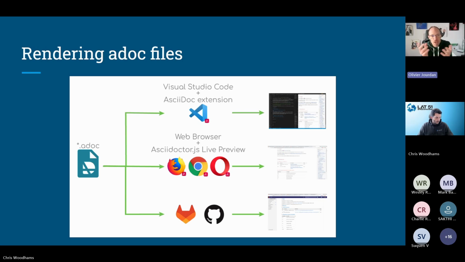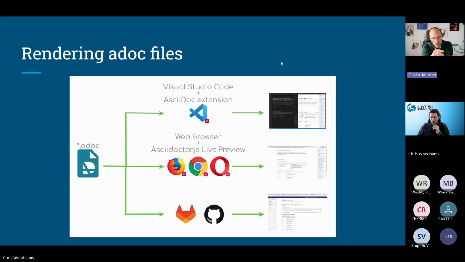If you are doing some text-based language, you probably use Visual Studio Code. There is an extension that allows you to see your ADOC file and have a live preview of the HTML version of the ADOC file. Web browsers can have extensions that do the rendering of the ADOC file directly in the window of your web browser.